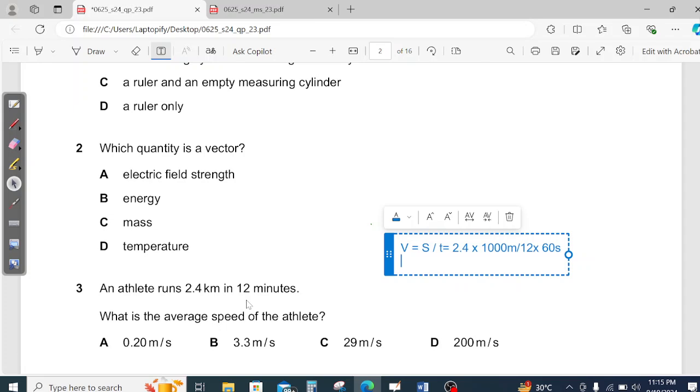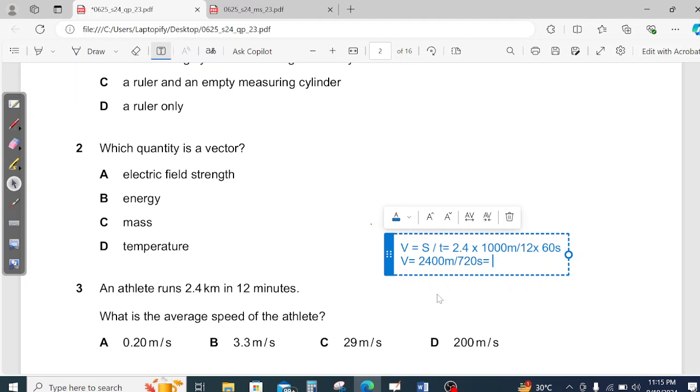Clear? Put the value: 2.4 multiplied by 1000, you will get 2400 meters, divided by 12 multiplied by 60, you will get 720 seconds.